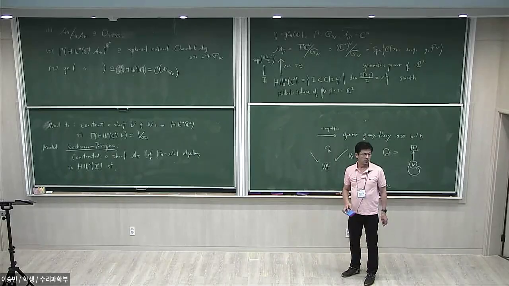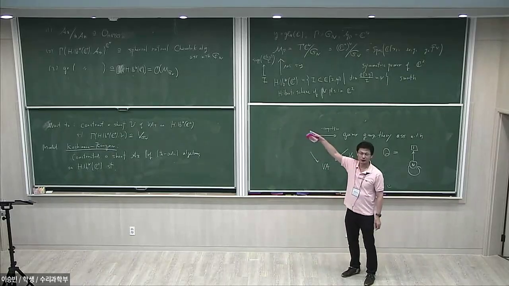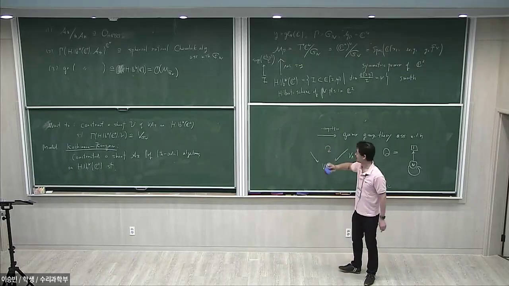Great, I thought you wanted some kind of... Yeah, we want a vertex algebra. So we want to chiralize their construction.